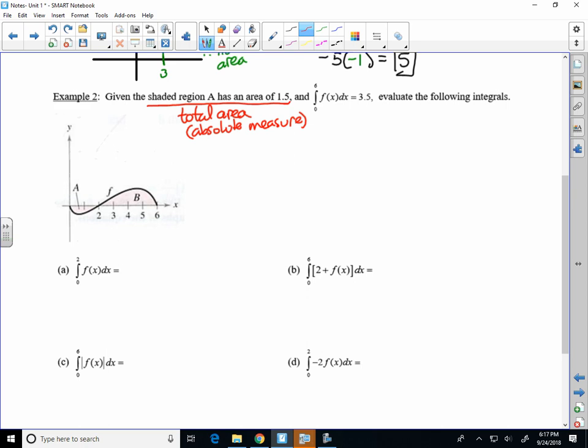That printed area has a value associated with it. So ignoring direction, if I were to put infinitely many rectangles in here, measure the length of each rectangle and the width and multiply, I would get some numerical area. Because it's below the x-axis, that net area equivalent would be negative. All right, so the net area associated with this would be equal to negative 1.5.